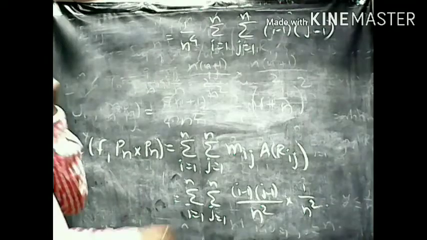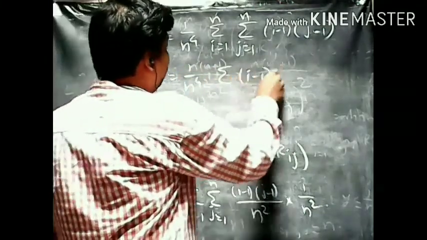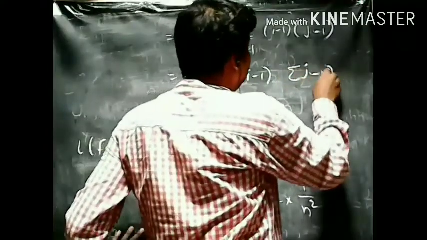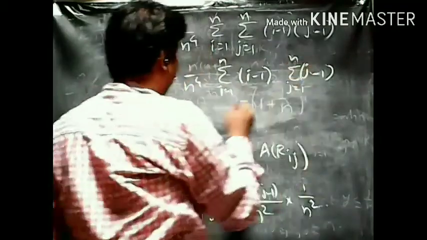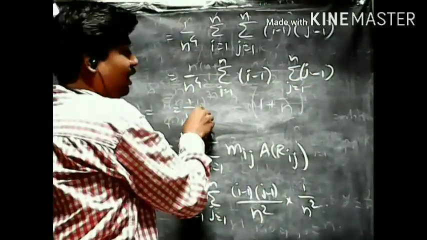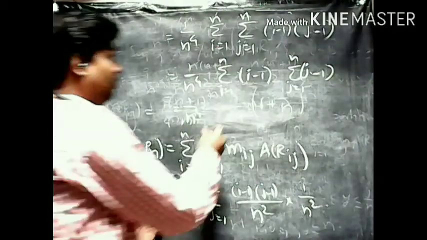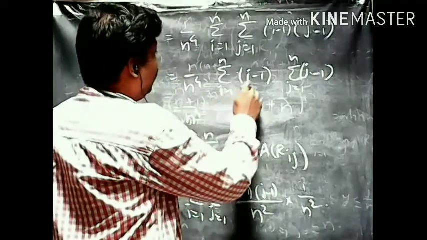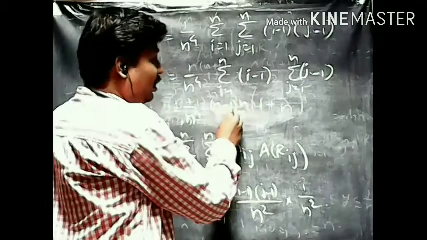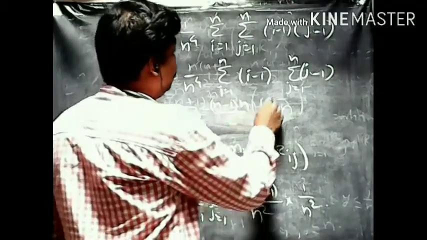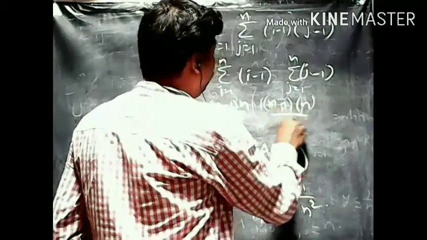Now we can check, this is equal to 1 upon n raised to 4, summation of (i minus 1) into summation of (j minus 1), i from 1 to n, j from 1 to n. This is equal to 1 upon n raised to 4, this is (n minus 1) into n upon 2, and this is (n minus 1) into n upon 2.